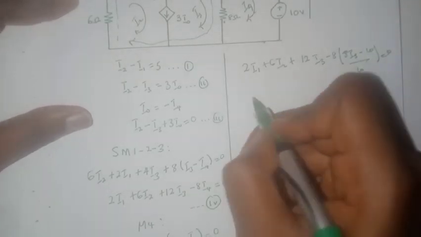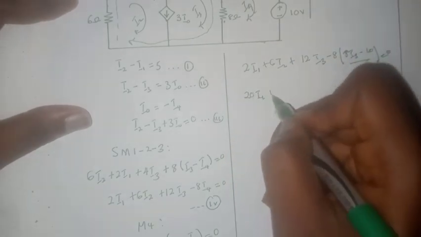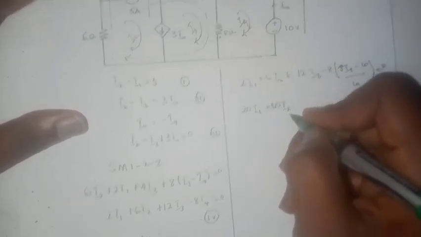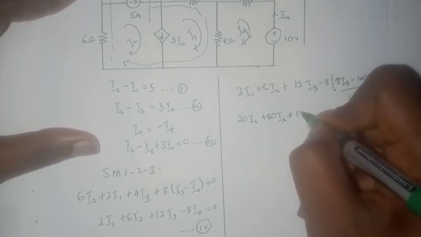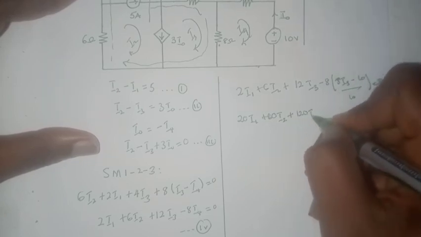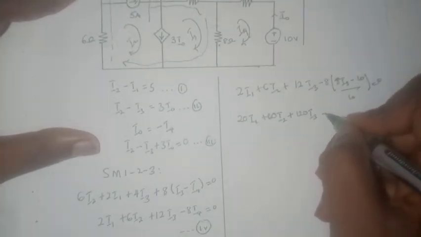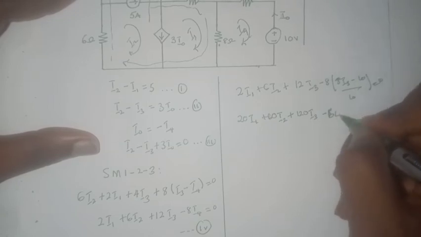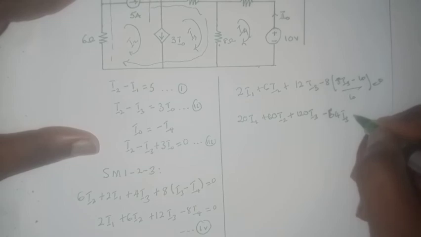If we do multiply through by 10, we would have 20I1 plus 60I2 plus 120I3 minus 64I3 plus 80, all equals 0.